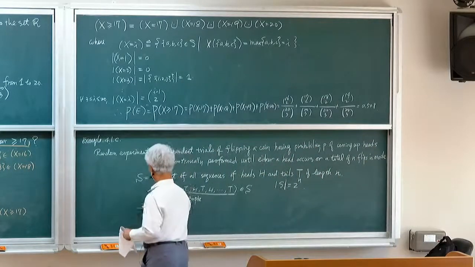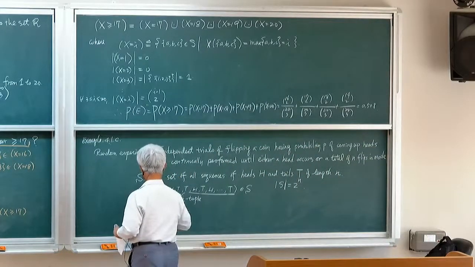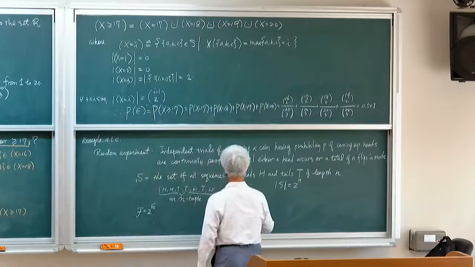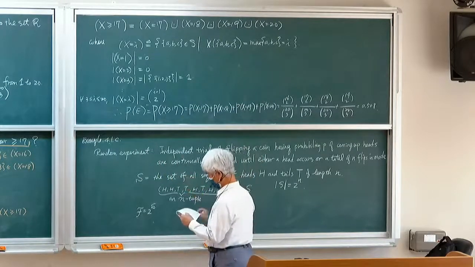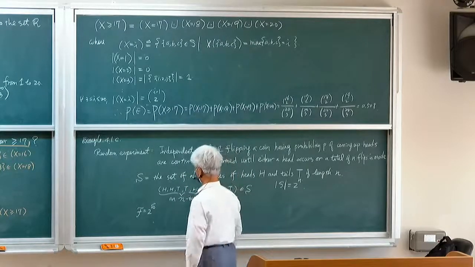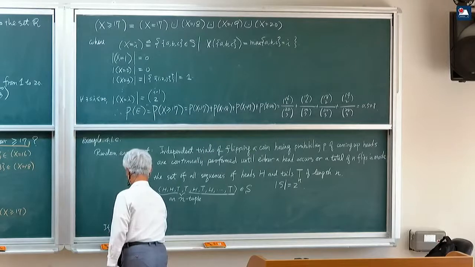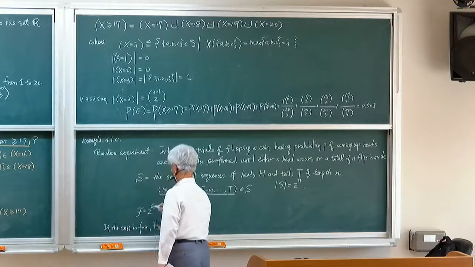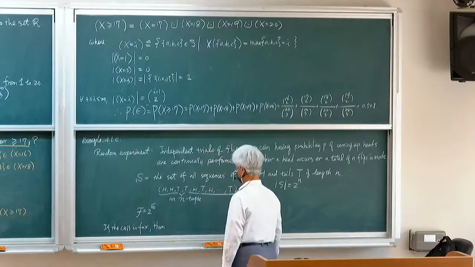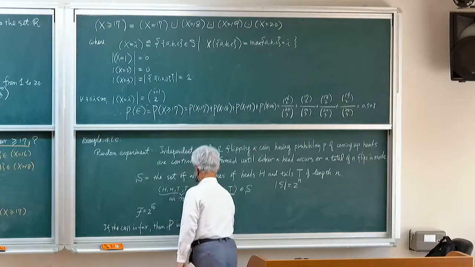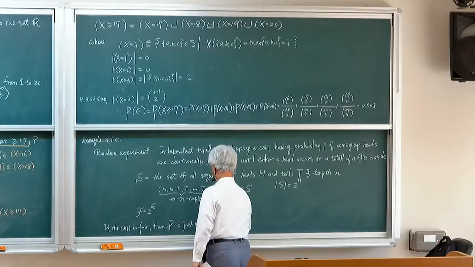And the sigma algebra is this one. And suppose that the coin is fair. If the coin is fair, then the probability P is just the counting measure.